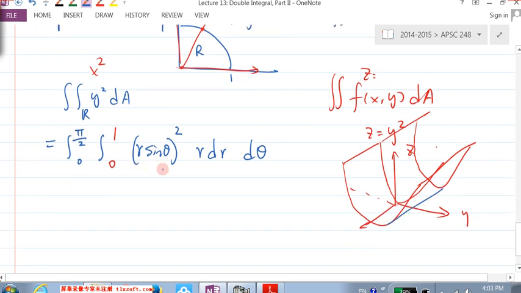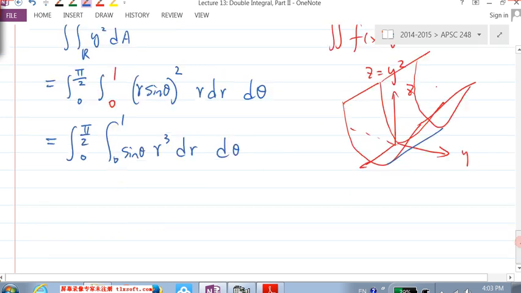Okay. So this is pretty simple now in terms of the integral. Let's see, what do we do from here? Inside here, this is r squared times r, which is r cubed, and there's the sine squared theta, of course. When you integrate with respect to r, you treat theta as a constant.